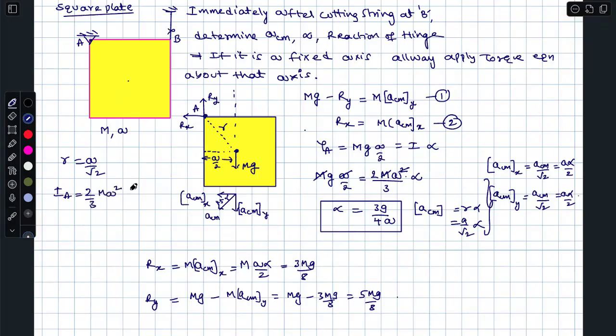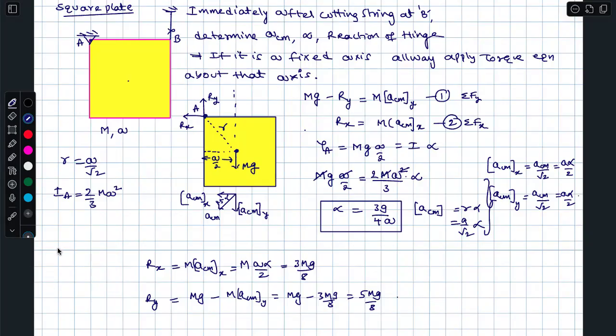So about A, mg minus Ry is m ACM. Agreed? So I have applied the sigma Fy condition, sigma Fx condition, and the torque equation. Right. Any doubt?